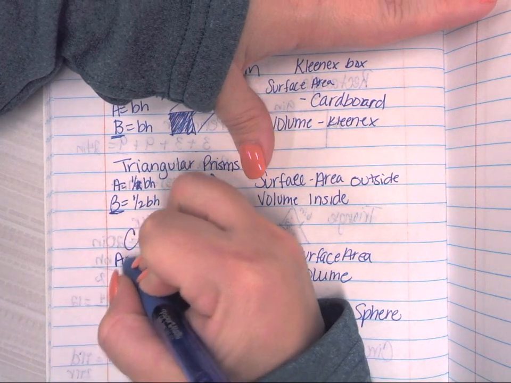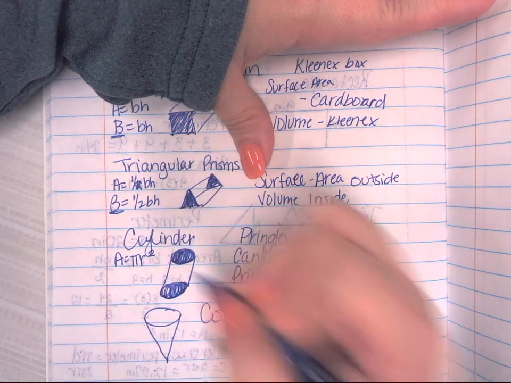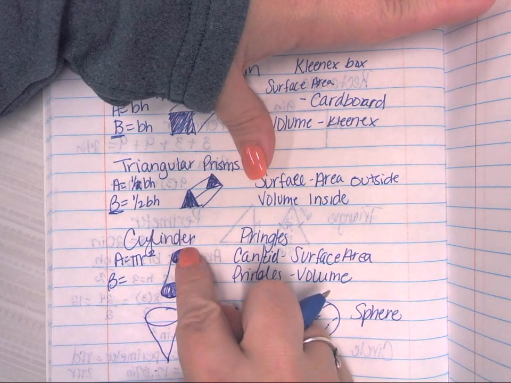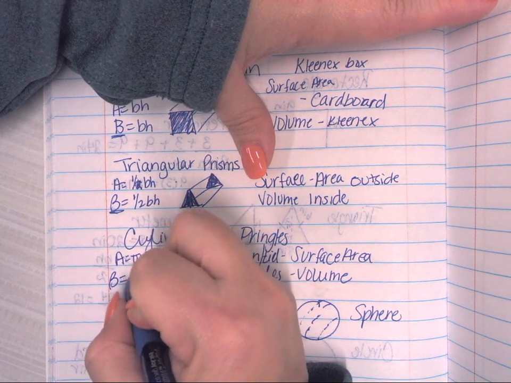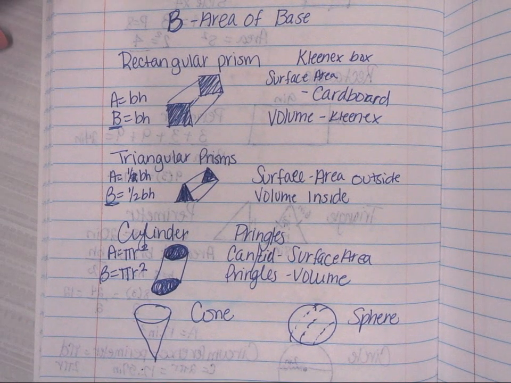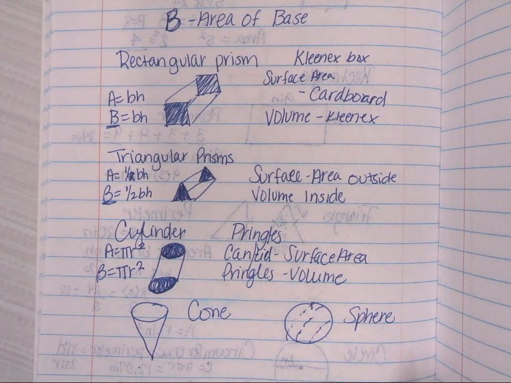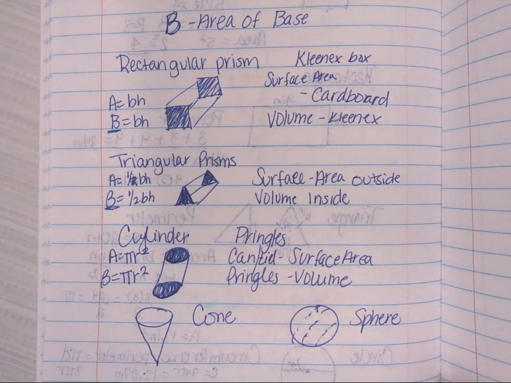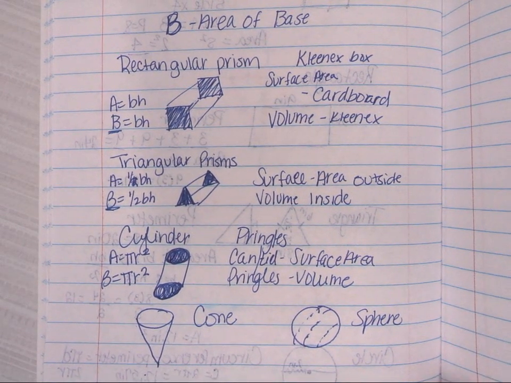So our area of a circle is pi r squared. So our big B, the area of the base, these are our bases, is pi r squared. I'm going to give you a few minutes to write this down because it's super important for you to remember what these solids are.